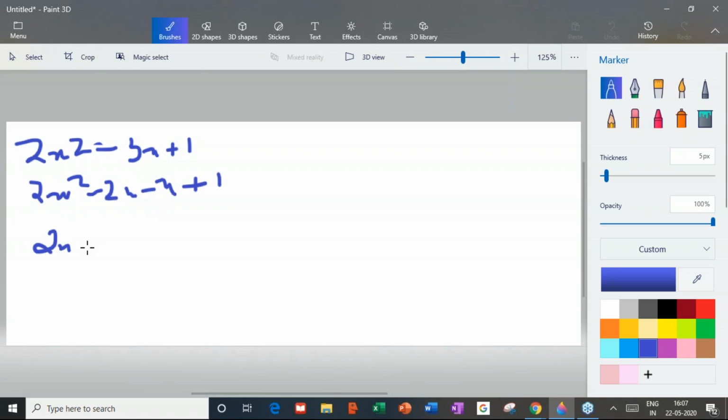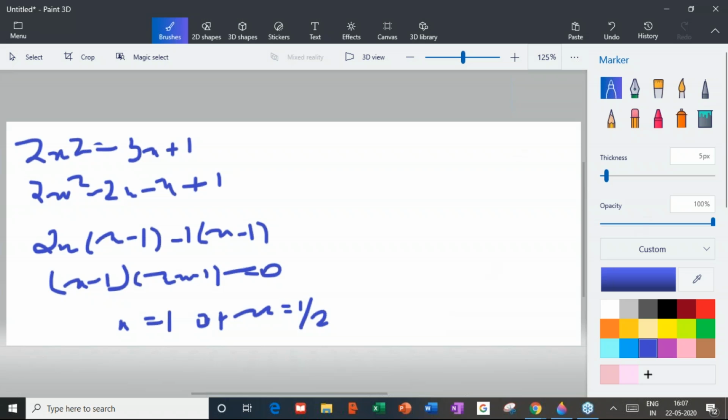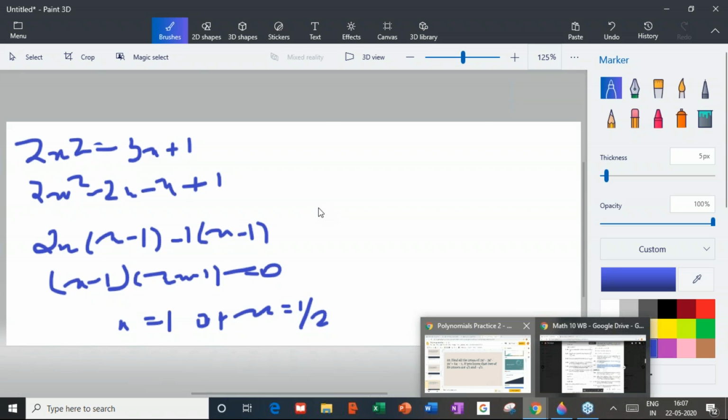So 2x into x minus 1, minus 1 into x minus 1. x minus 1 can be taken as common: x minus 1 into 2x minus 1 is equal to 0, so x is equal to 1, or x is equal to half. Correct? Okay, clear? Now you should be able to solve the other division questions on your own.